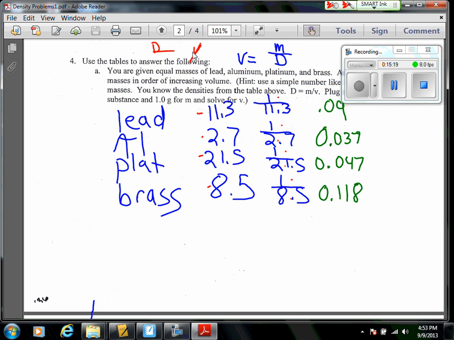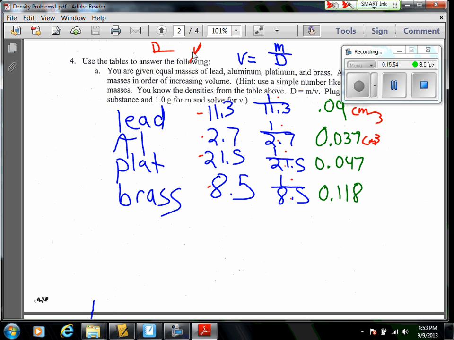If we take 1 and divide it by 11.3 for lead, we get 0.09 cubic centimeters. For aluminum, 1 divided by 2.7, and the volume is 0.037 cubic centimeters. Same for platinum, 1 over 21.5, and we get 0.047.